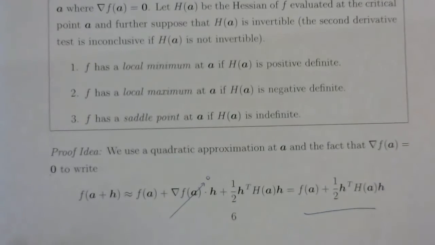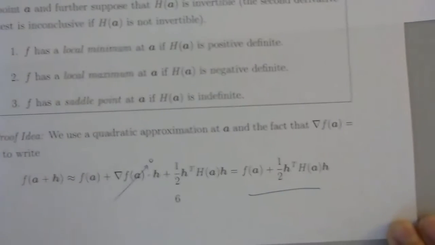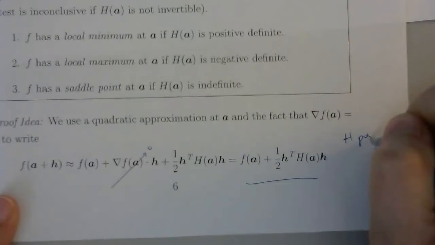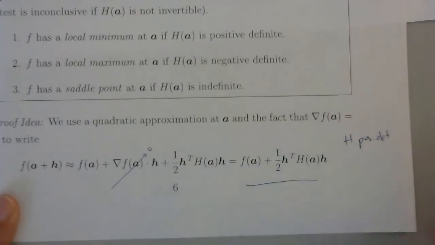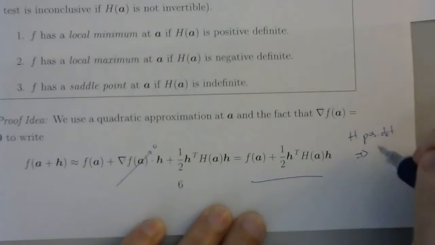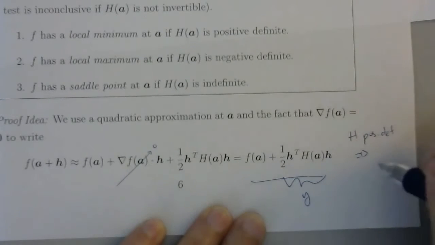So what does it mean when the Hessian is positive definite? The Hessian positive definite means that this term is positive. Let's call this term y.